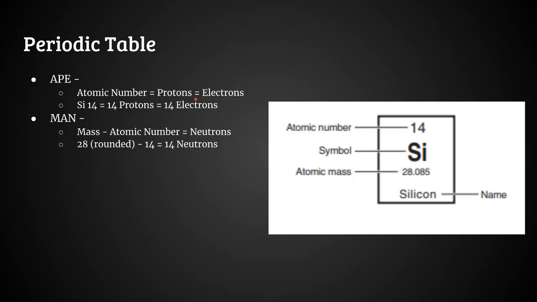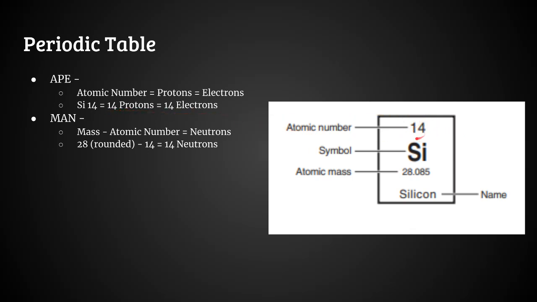Moving on. So you have your two different acronyms, I guess. You have APE: atomic number is equal to protons, which is equal to electrons. That would mean our 14 here, our atomic number, this number up here, is equal to our number of protons.